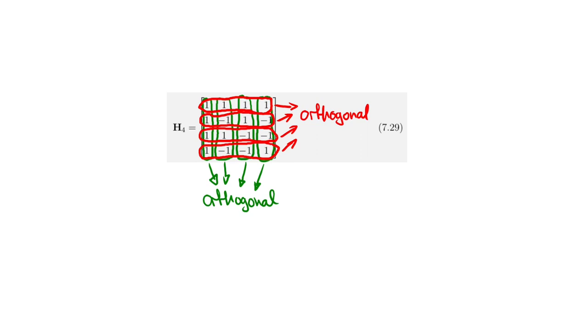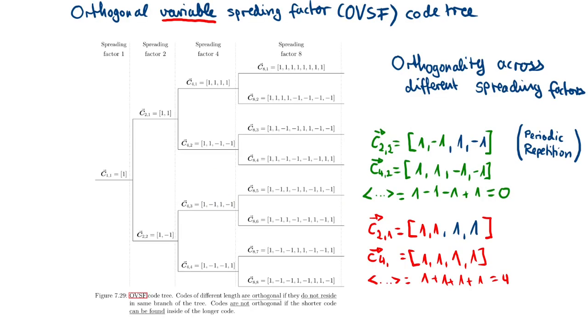And this property is used to construct orthogonal CDMA codes. And now you might have noticed that the length of the code depends on the order of the Hadamard matrix. And this property is used to construct orthogonal codes with different length.